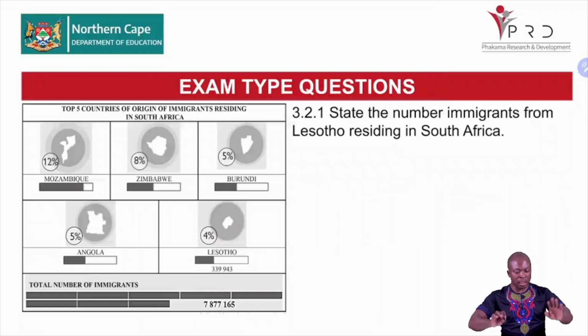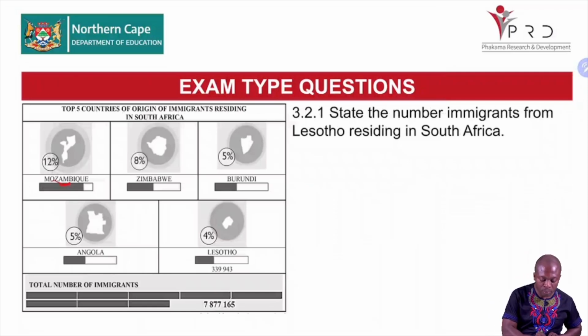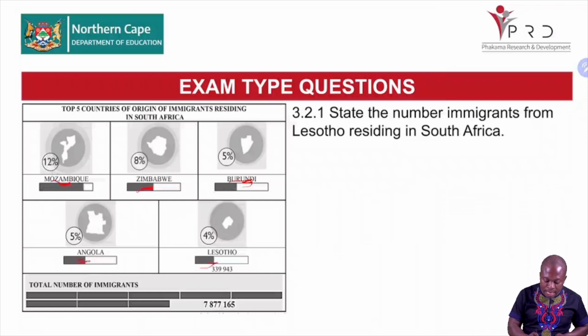So this is another type of chart, another type of graph. There's people from Mozambique, Zimbabwe, Burundi, Angola, and then Lesotho. And then various percentages have been given to us there. So here we are talking of the total number of immigrants.